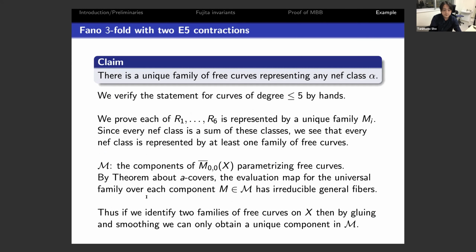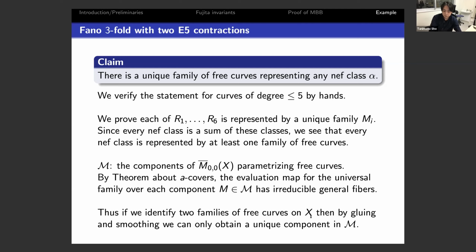the evaluation map for the universal family over each component of M has irreducible general fibers. Thus, if we identify two families of free curves on X, then by gluing and smoothing we can obtain a unique component.